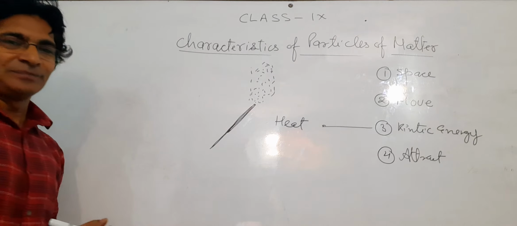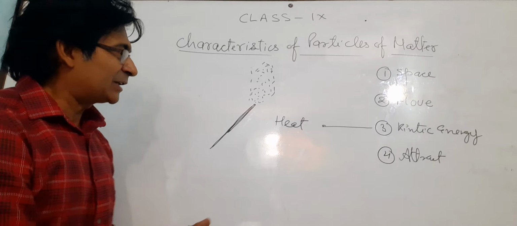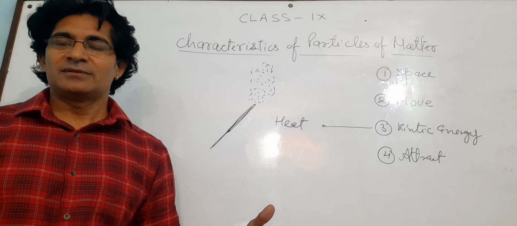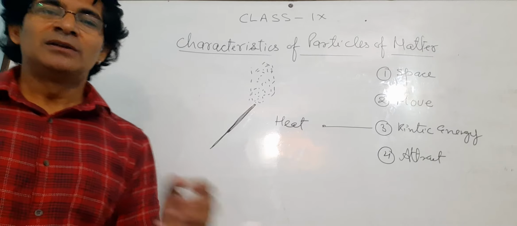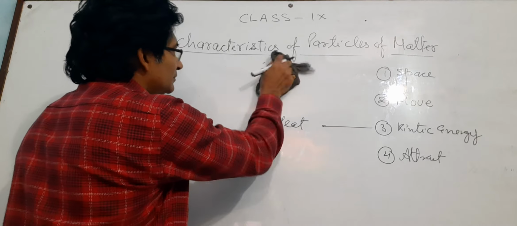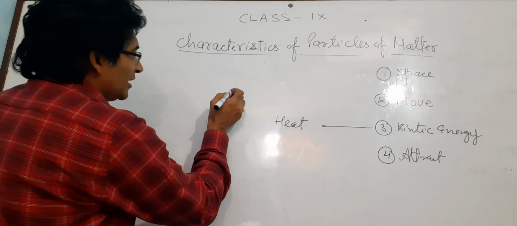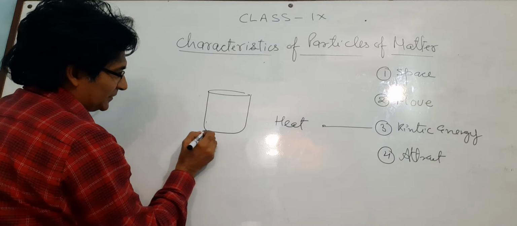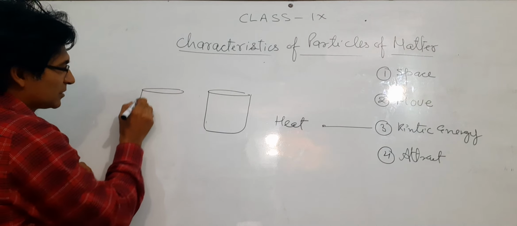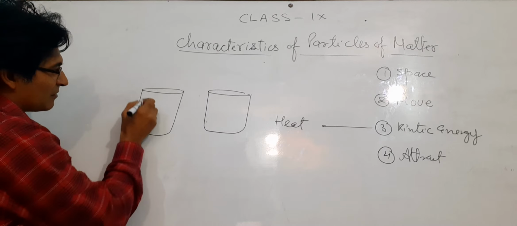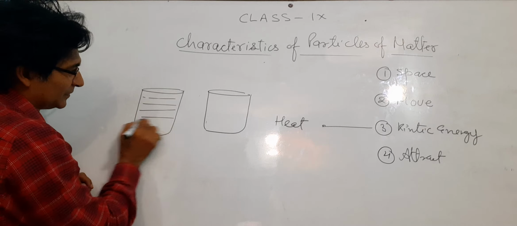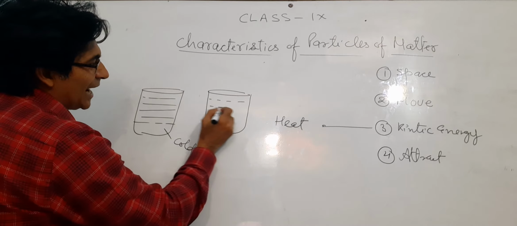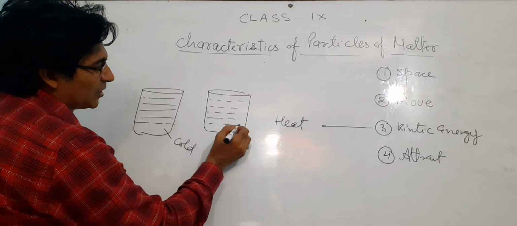As we give heat to the particles, their movement becomes faster and faster. Let us take an example to show this. If we take two beakers, one is having cold water and another beaker is having hot water.